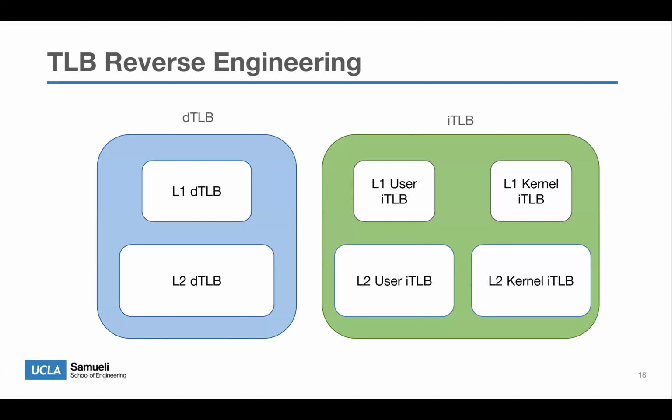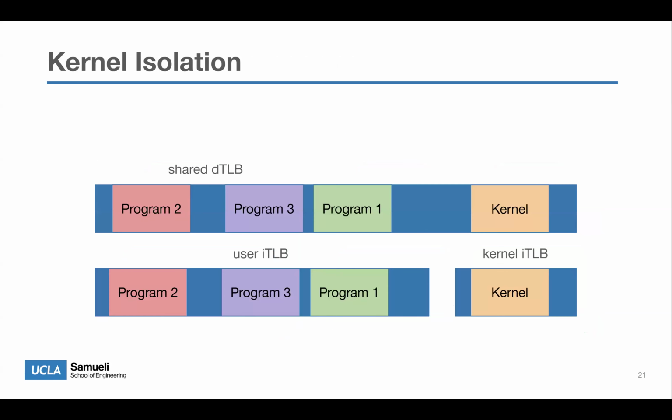So there's kernel isolation on the user, on the instruction TLB, and that's actually to prevent those attacks that I showed earlier that break KASLR. Yeah. So this is a more basic form of that. So just understand there's an L1 and L2, but they're both split like this.